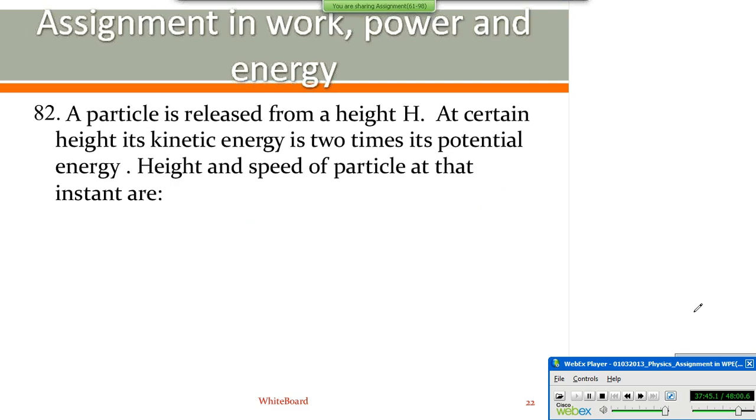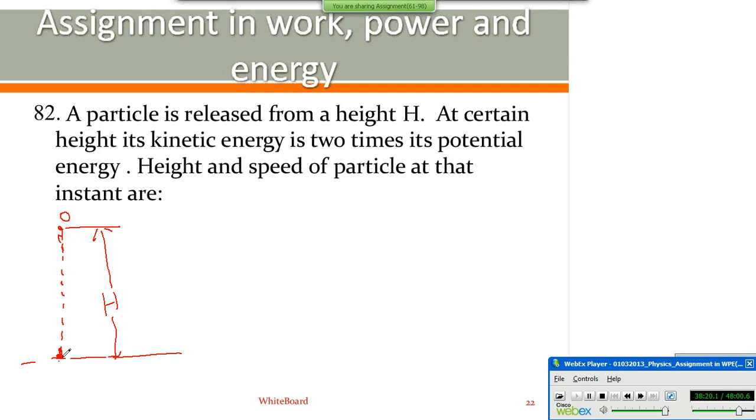See question number 82. A particle is released from height capital H. At a certain height, its kinetic energy is 2 times its potential energy. Height and speed of the particle at that instant are? That will be the initial position O of the particle from where it is released from rest, from the height capital H above the reference level or ground level.